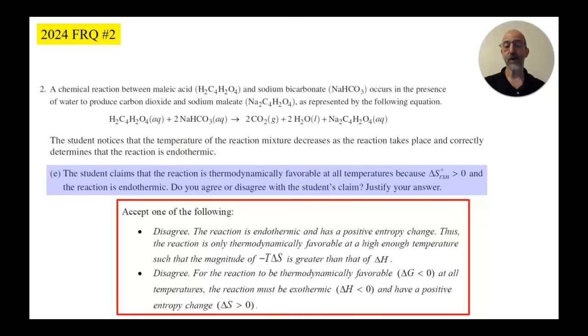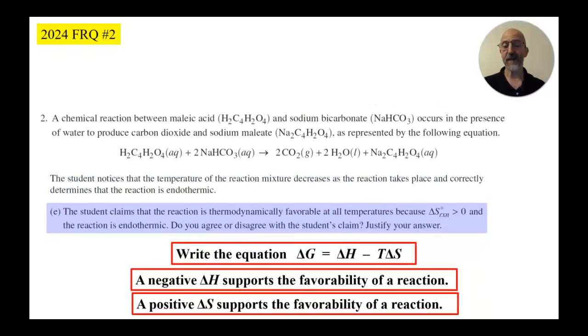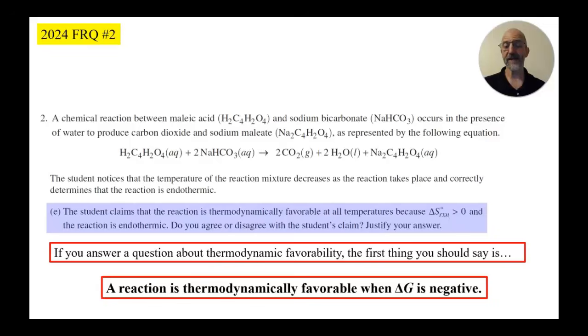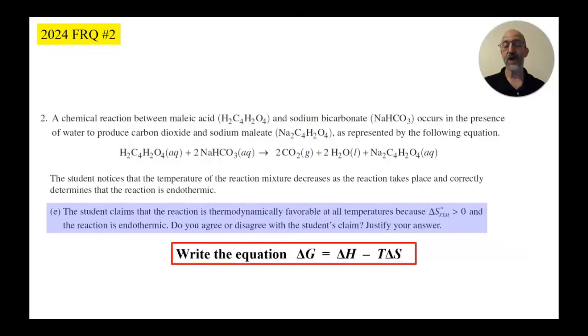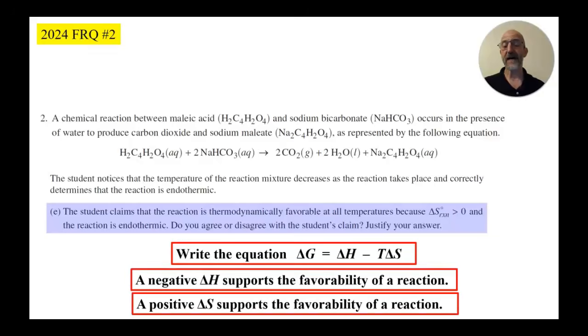And for that to occur at all temperatures, then the reaction must be exothermic and have a positive entropy change. So again, you can look at the official scoring guidelines, but as I mentioned, make sure that you are clear. Say that delta G is negative for the reaction to be favorable. Write the Gibbs free energy equation and then talk about the sign of delta H and the sign of delta S that would support favorability.